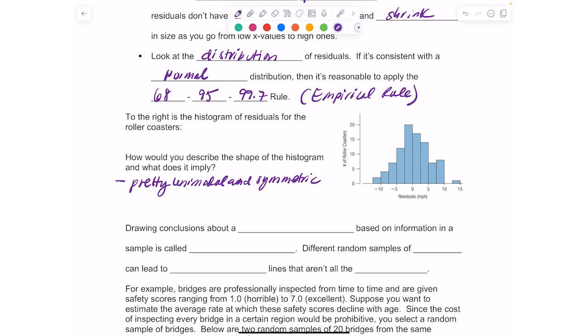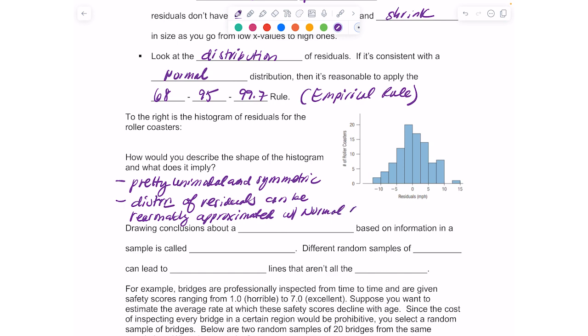Okay, so that means it's in line with the normal model, and the distribution of residuals can be reasonably approximated with a normal model.